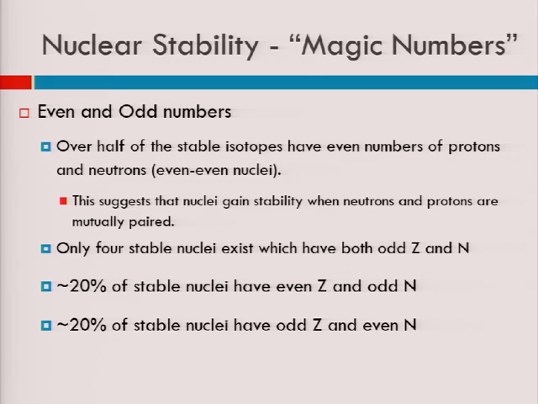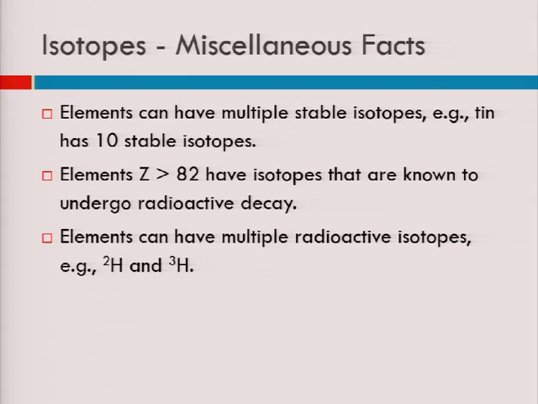So you might have even Z and odd N, or odd N and even Z, and that falls into about 20%. So just in terms of trends in data, if you're looking at a collection of isotopes, if you see even, stable, odd, unstable, then the others will fall somewhere in the middle, and you can use that information to predict, if you were looking at a list of isotopes, what's stable and what's not.